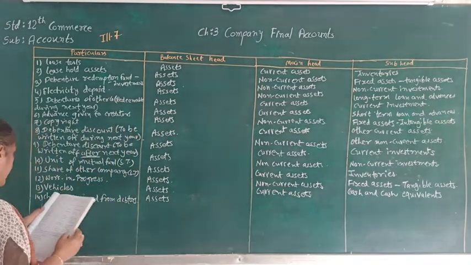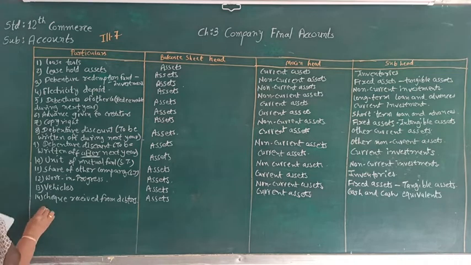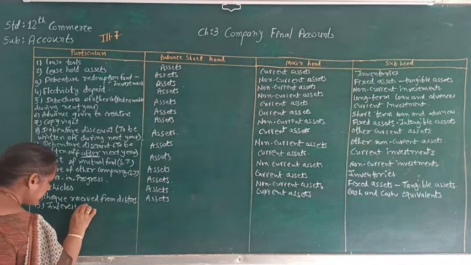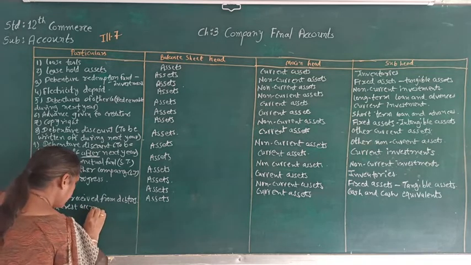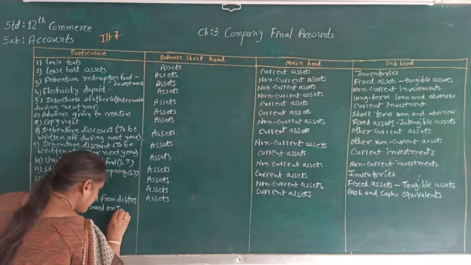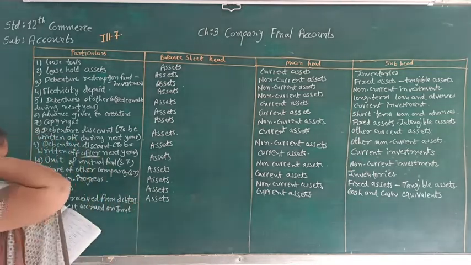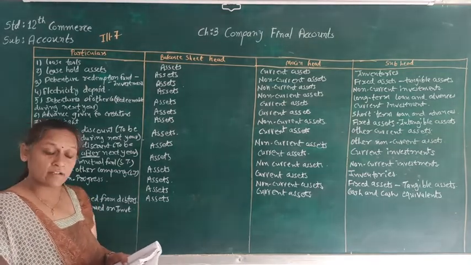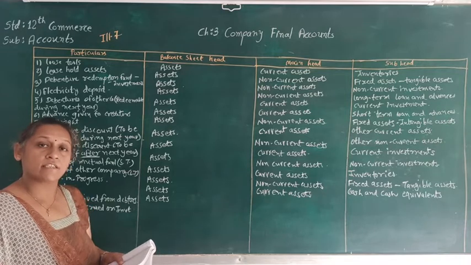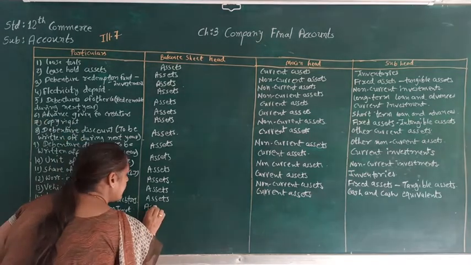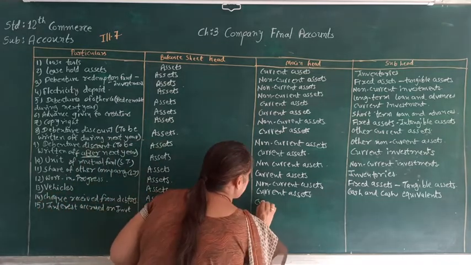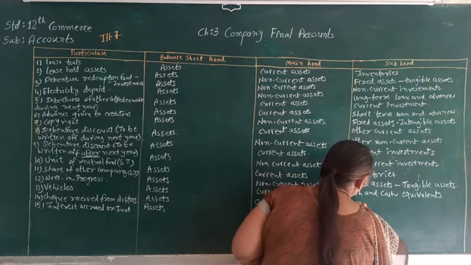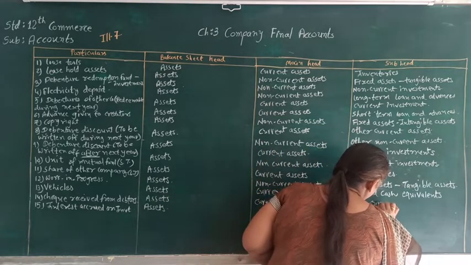Now let's see the 15th number, that is interest accrued on investment. So here interest accrued on investment will be received during the year, and it will be shown as other current asset. So under assets we will write current asset, and here again it is other current asset.